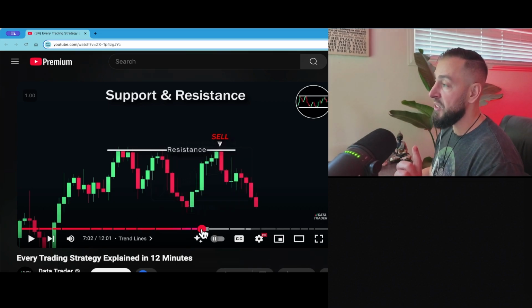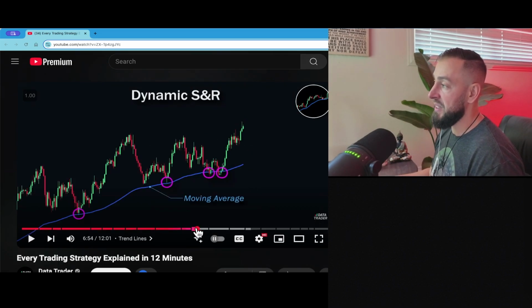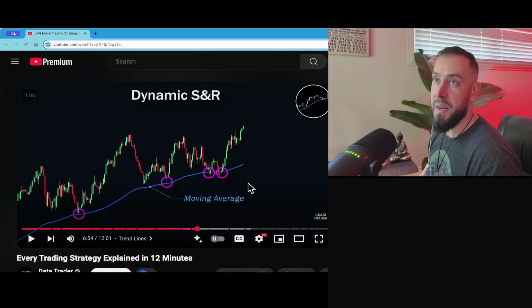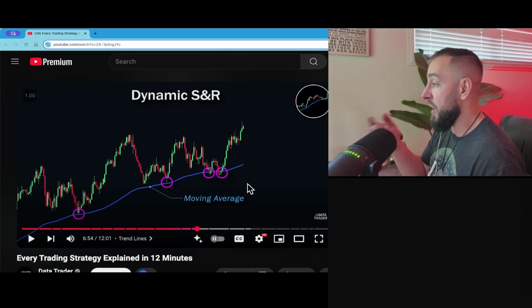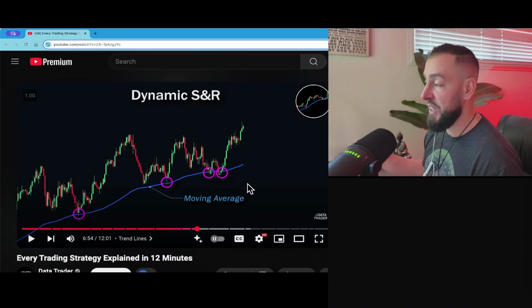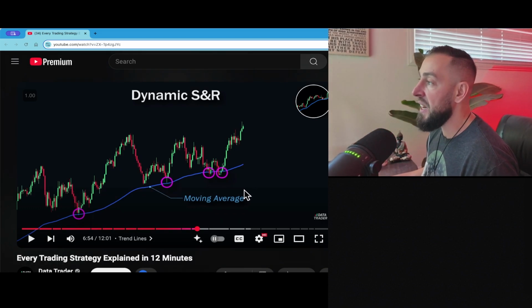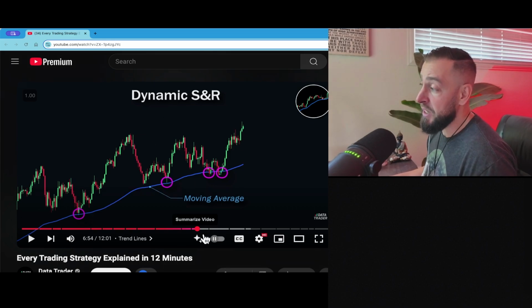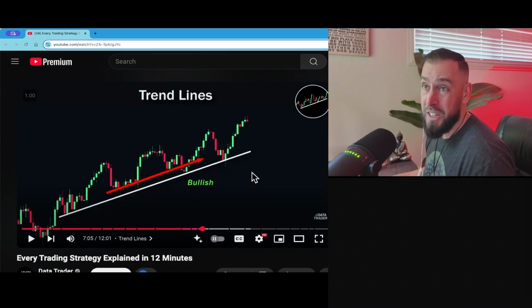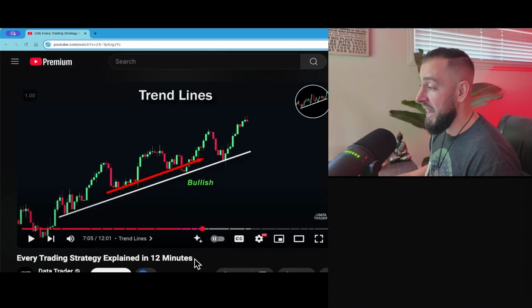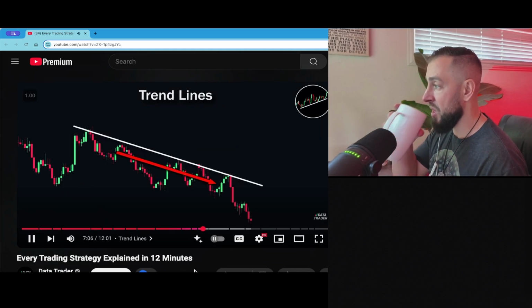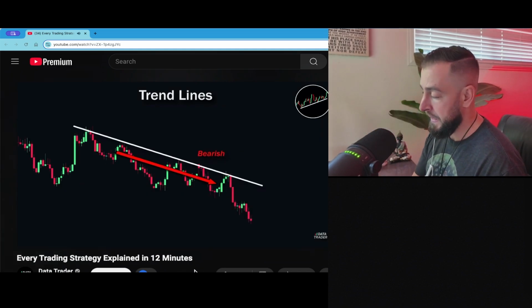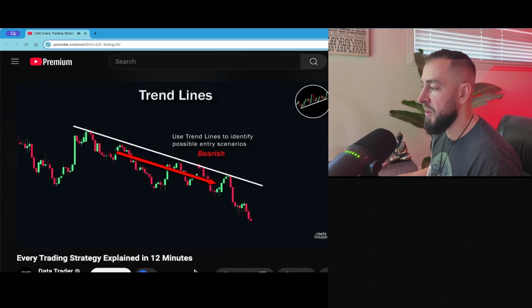Then you can understand what dynamic support and resistance is, which is using something like a moving average, which every trader, I believe, should have some type of moving average indicator on their chart. And then if you understand dynamic support and resistance, then you can understand trend lines. You see how they're all starting to connect? An upward trend line means bullish, a downward trend line means bearish. And similar to support and resistance, you can also use the trend line to identify possible entry scenarios.